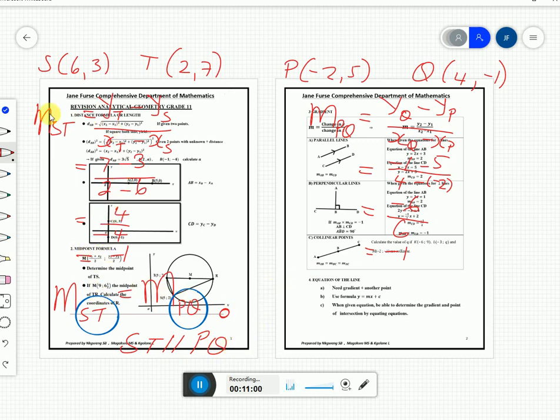If the gradients of two lines are equal, then it means those two lines are also parallel.